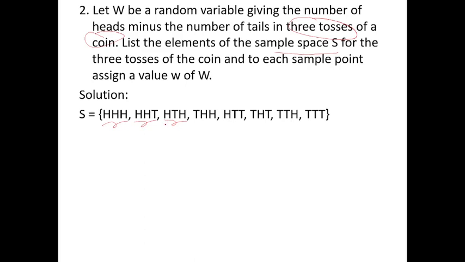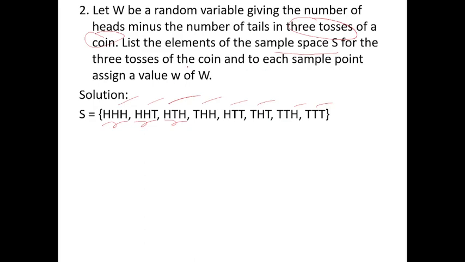Another term for an element or outcome of the sample space is sample point. So in this example, how many sample points do we have? We have 4, 5, 6, 7, 8. We have 8 sample points.